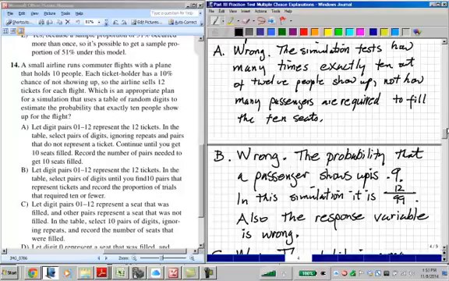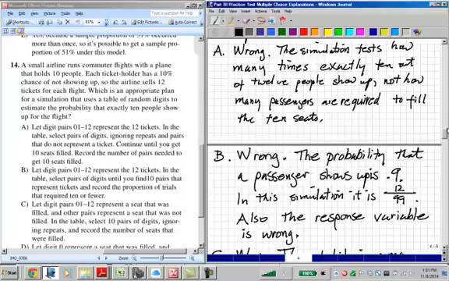Okay, B, let digits 01 to 12 represent the 12 tickets. In the table, select pairs of digits until you find 10 pairs that represent tickets and record the proportion of trials required 10 or fewer. Wrong. The probability that a passenger shows up is 0.9. In this simulation, it is 12 out of 99, right? 01 to 12 are the 12 tickets.